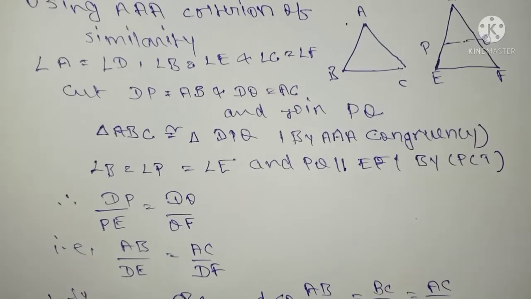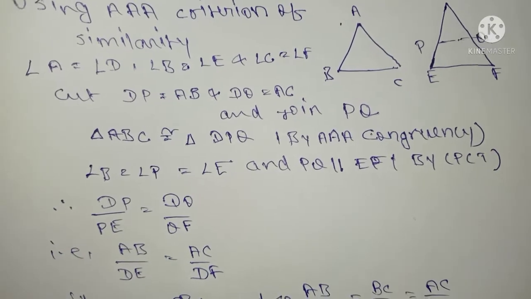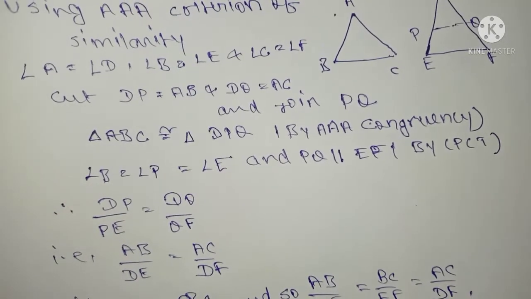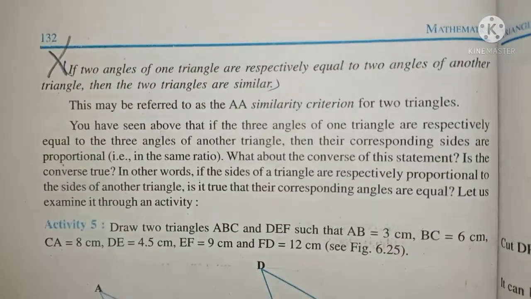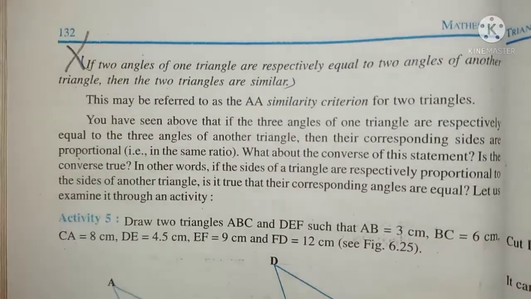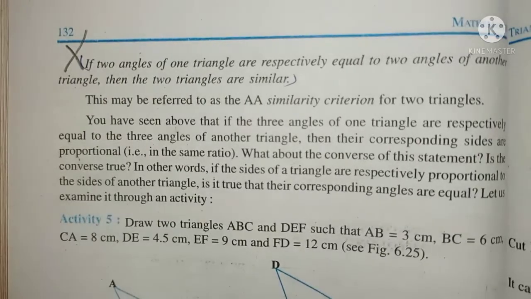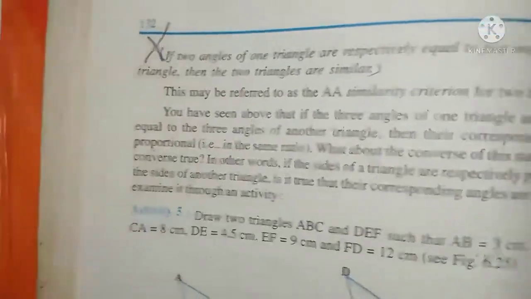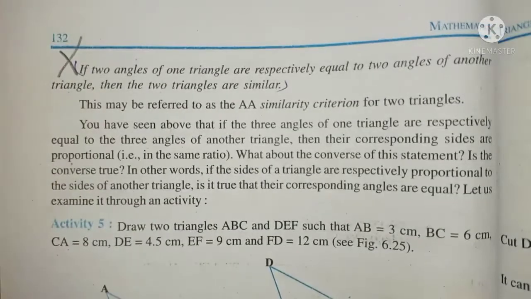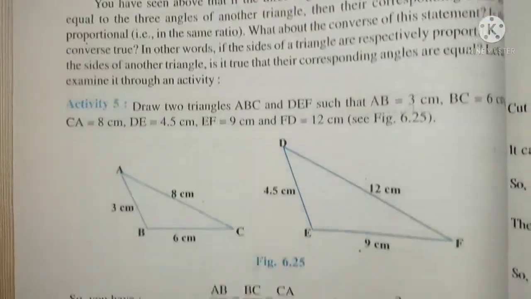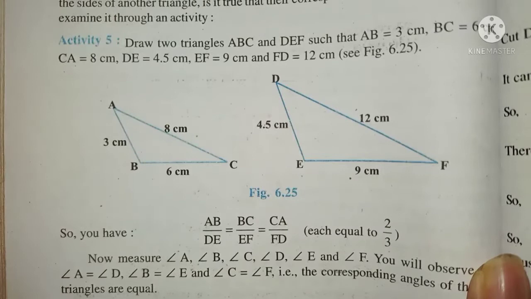In the next page you can see that if two angles of a triangle are respectively equal to two angles of another triangle, then the two triangles are similar. Here activity 5 is given.